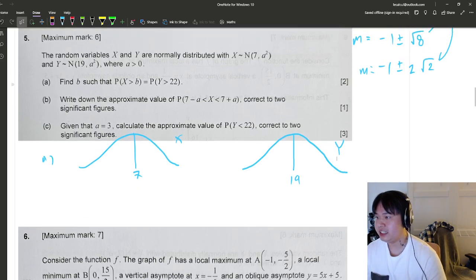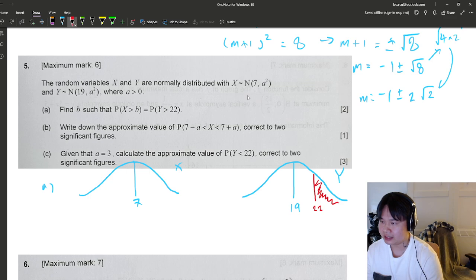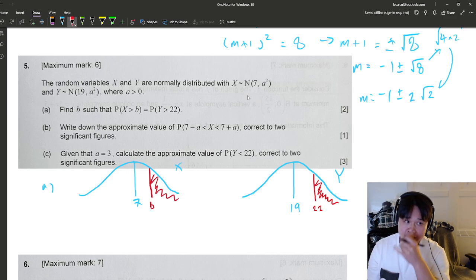Okay, find b such that the probability of x being greater than b is the same as the probability of y being greater than 22. Okay, easy peasy. So for y being greater than 22, we want to find the b value that has the same probability, or the same area under the curve.